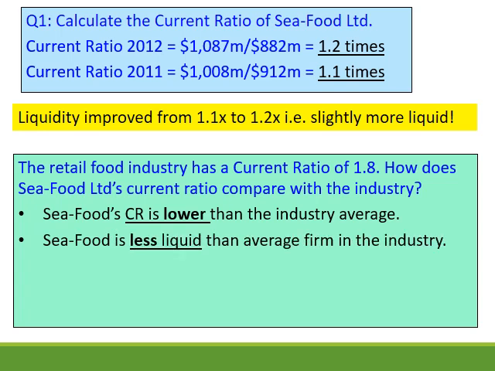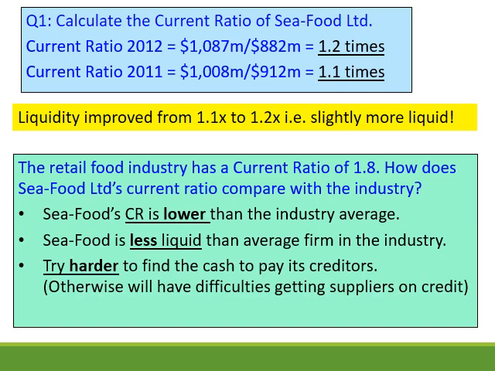This indicates that Seafood is less liquid than the average firm in the industry. When the current liabilities are due for payment, Seafood may have to try harder to find the cash to pay its creditors. And there will be a higher risk of bankruptcy.